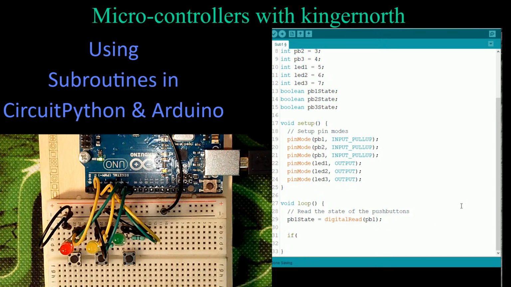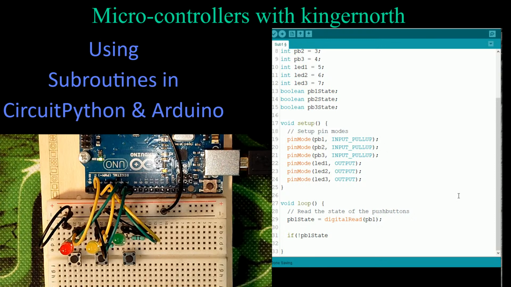So what I need to do is say when it's not true. So let's see how we do that. I'm going to type that in. For doing that, we use the exclamation mark to mean not. So not PB1 state, because we're looking for the state, which is the result we got from reading the input pin.